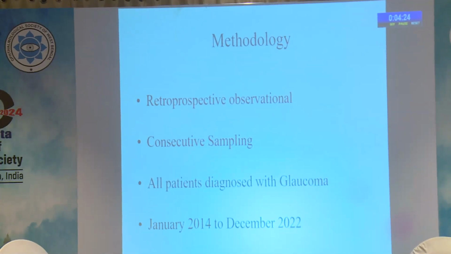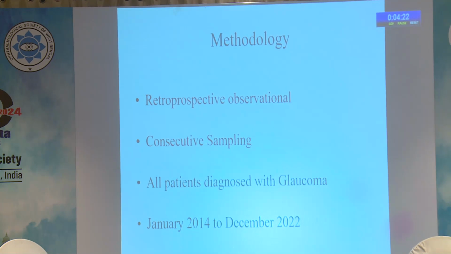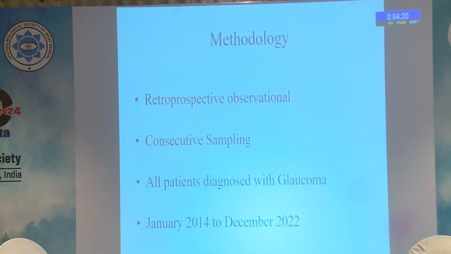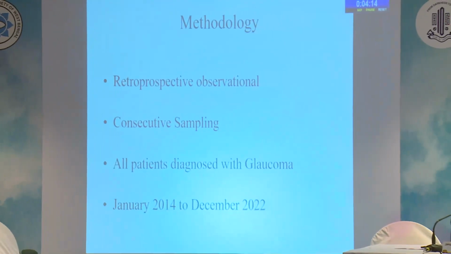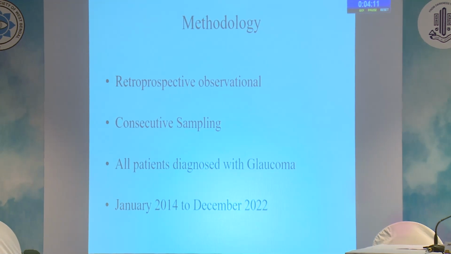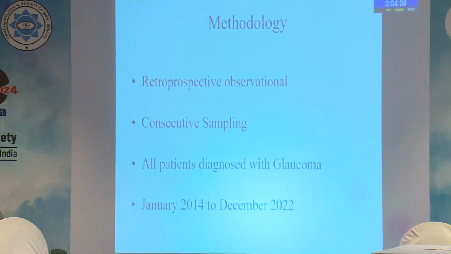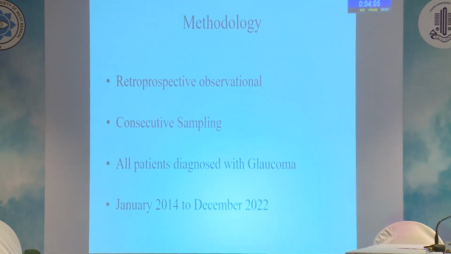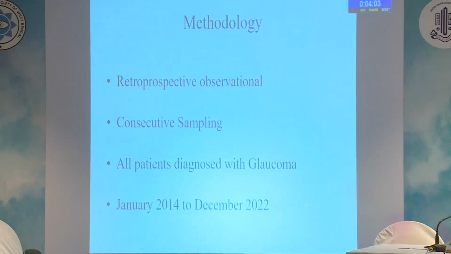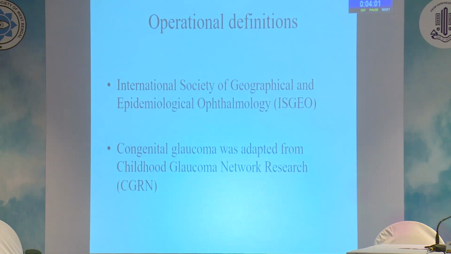Coming to methodology, this is a retrospective observational study, retrospectively from 2016 to 2014 and prospectively from 2017 onwards till 2022. Sampling type: all consecutive patients that were diagnosed with glaucoma. Glaucoma was diagnosed based on the operational definitions laid down by ISGEO and CGRN.